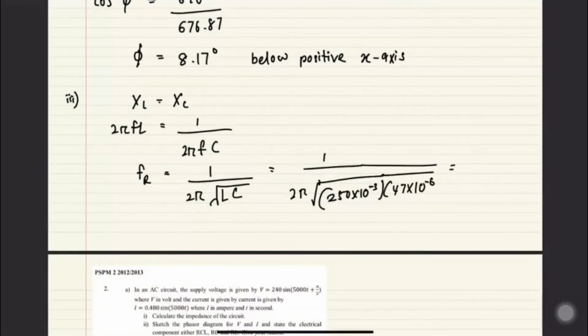You should get 46.4 hertz. Just double check.